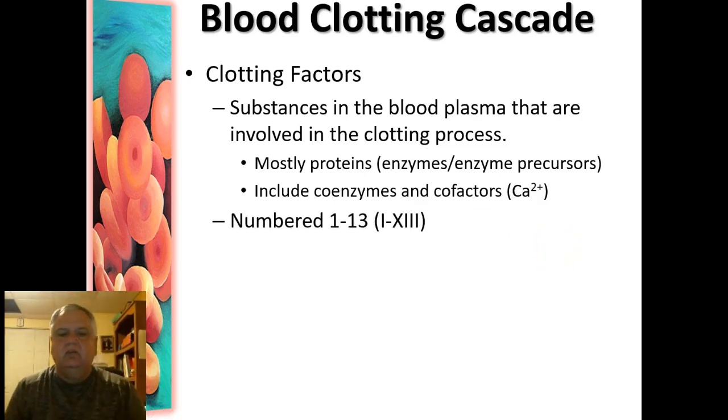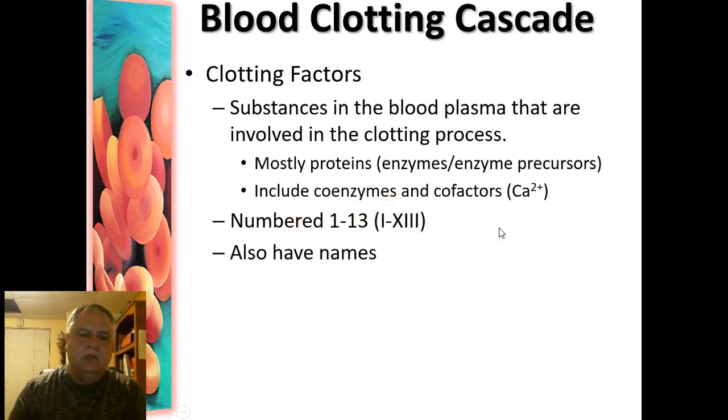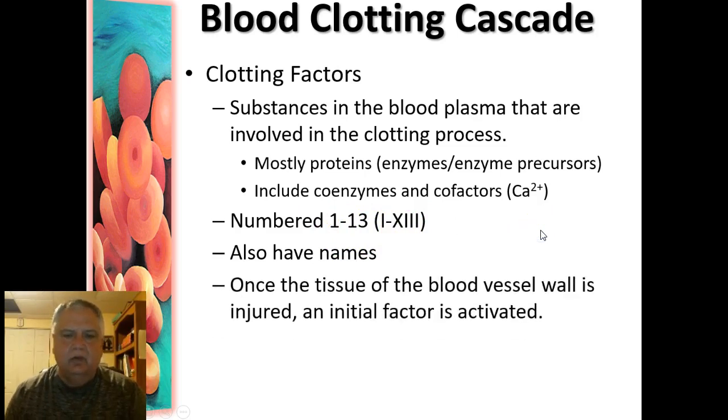When we take a look at these clotting factors, we give them numbers, Roman numerals, Roman numeral 1 through Roman numeral 13. But they also have names as well, although we're primarily going to focus on the numbered identifications for these clotting factors.